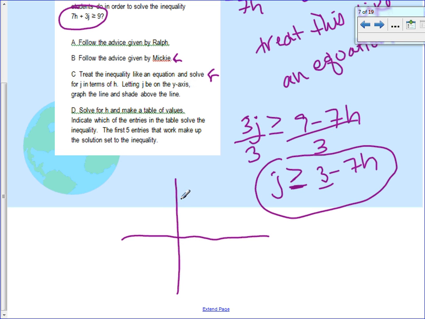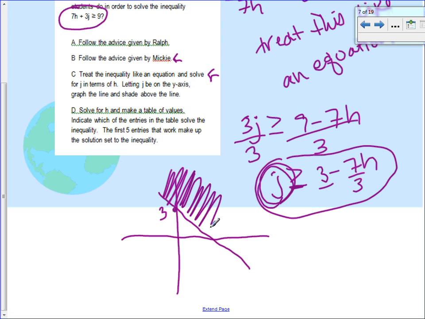So I know 3 is my y-intercept. My slope, whoops, I forgot 7/3, my bad. My slope is 7/3. Okay, so it goes like this. What part of the graph am I shading? Above or below? Above. This j is greater than everything else.